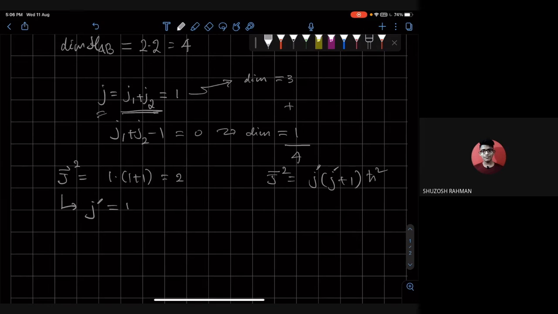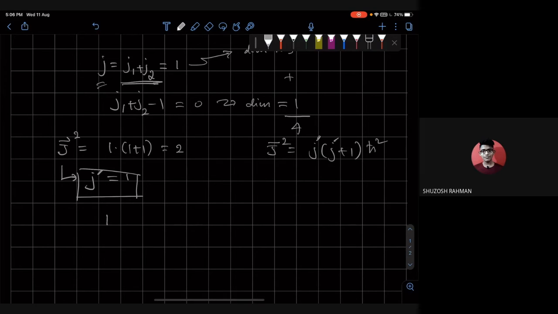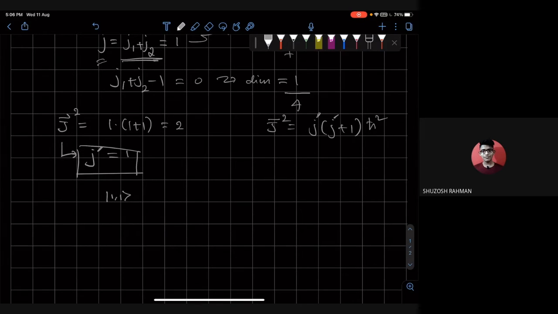So first, we want to find out what the multiplet for this is, right? So we start with the highest weight state of the total angular momentum, which will be 1, 1, right? You agree? Yeah. And then we're going to apply the J minus operator, which is equal to J1 minus plus J2 minus.